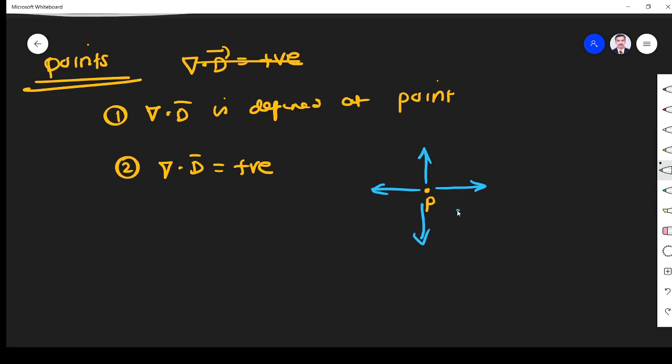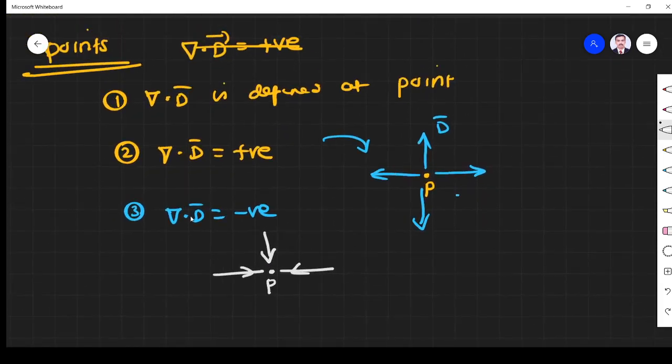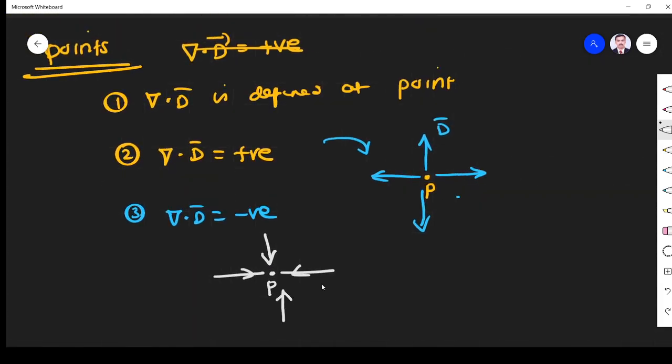If the D vector is represented by this arrow mark. Similarly, if del dot D is negative, what is the meaning? With respect to a particular point, the vector is flowing towards the point. So this is del dot D is negative.